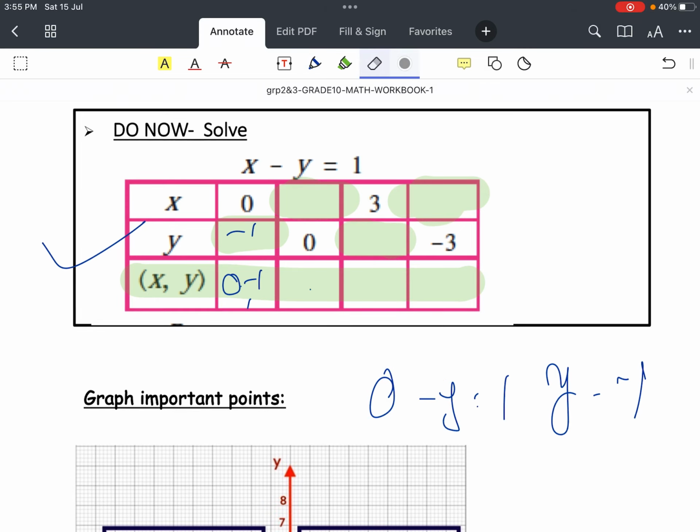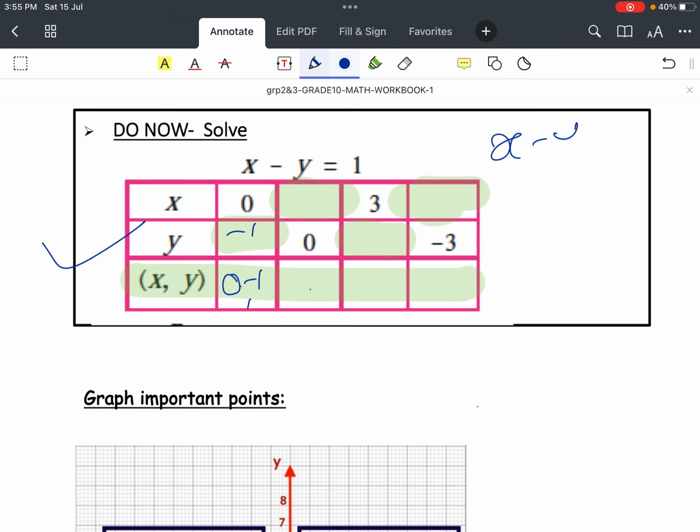Next, for second condition, y is equal to 0, so x minus y is equal to 1, but y is equal to 0, so x minus 0 is equal to 1, तो x की वैल्यू बन गई 1, so your coordinates are 1 and 0.